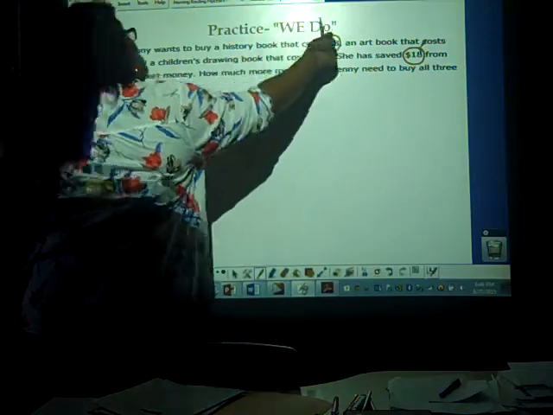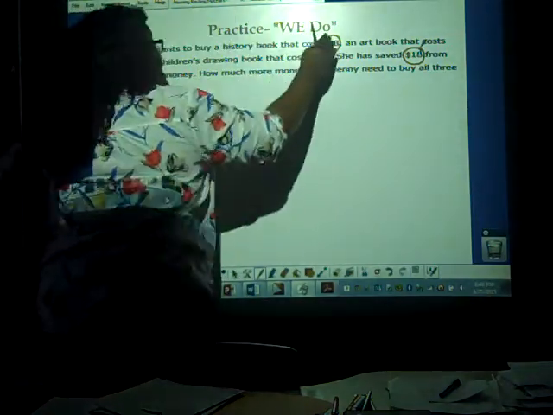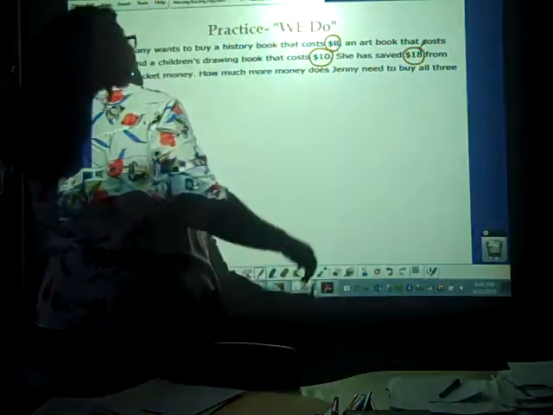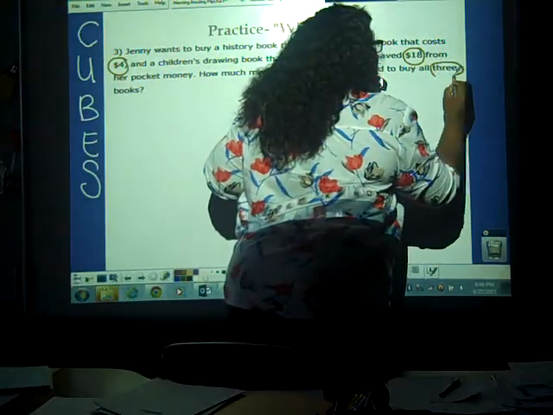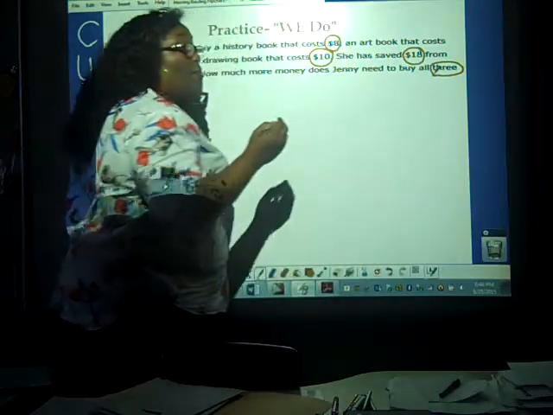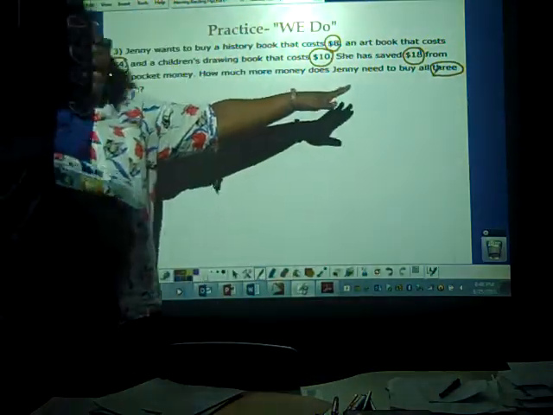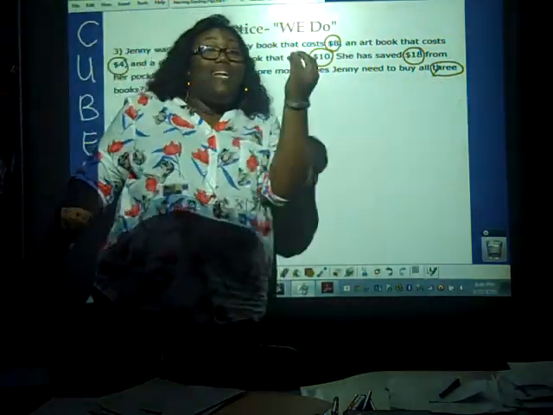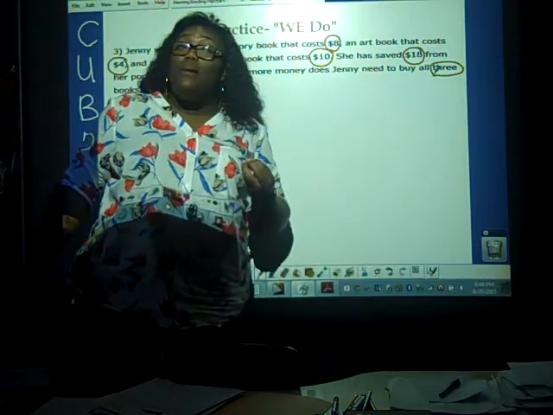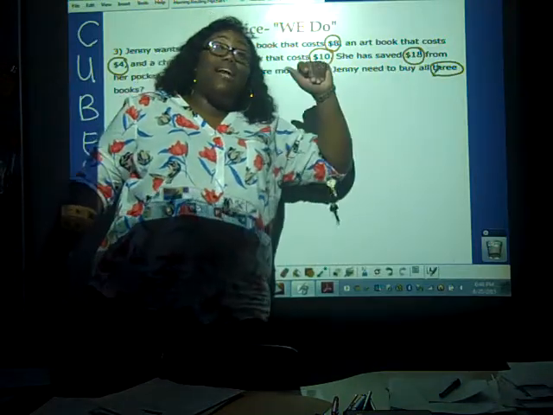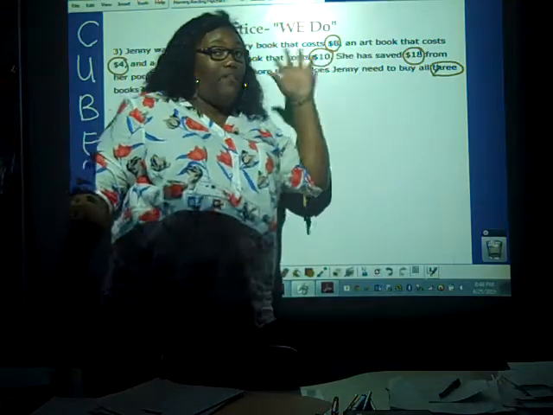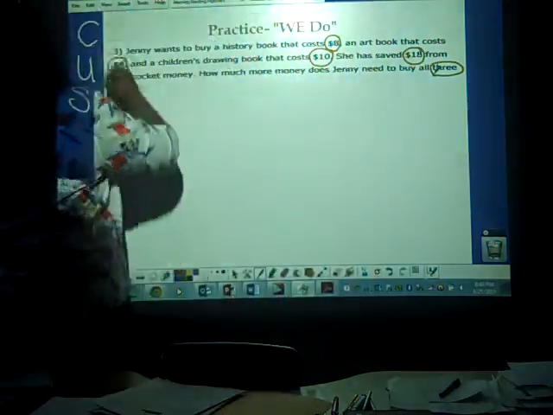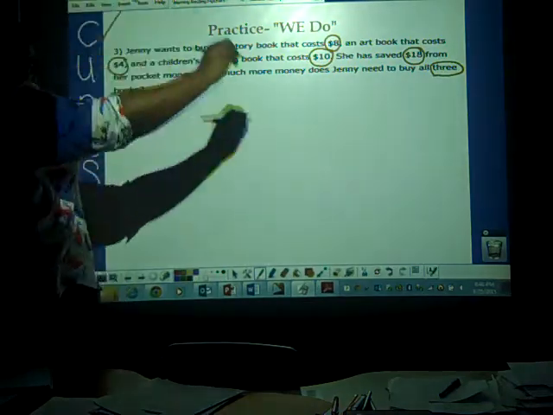Look, I have numerals for $4, $8, $10, $18, but they also have the word form of the number 3. I'm still circling it because it is a number. We don't know how important that number is. We can end up ruling it out after we evaluate the information in our word problem. So, circle, check, check.